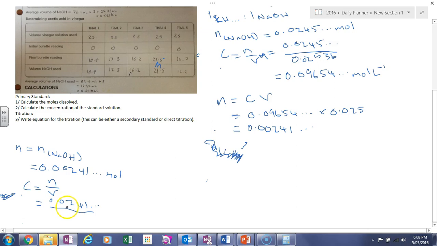So 17.92 milliliters, which is 0.01792 liters. So we do that calculation now. And that gives us a concentration of 0.135 moles per liter to 3 significant figures.